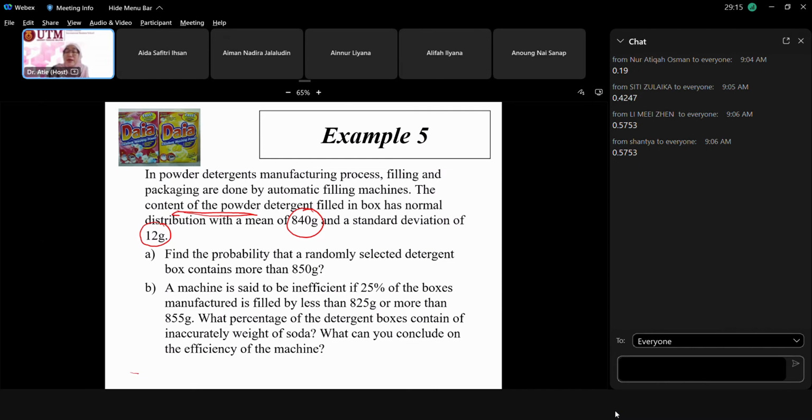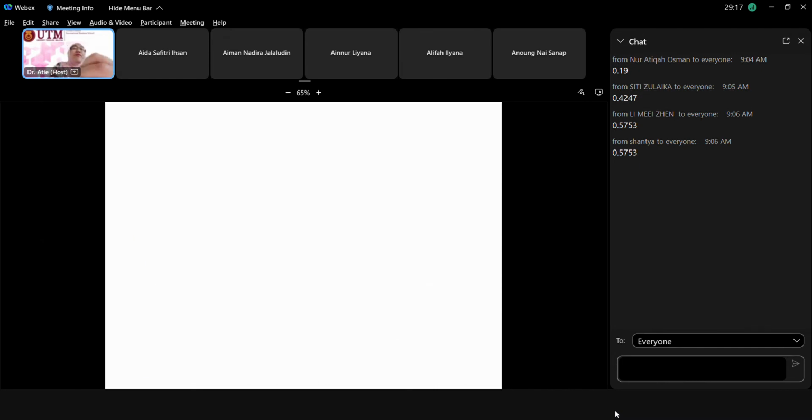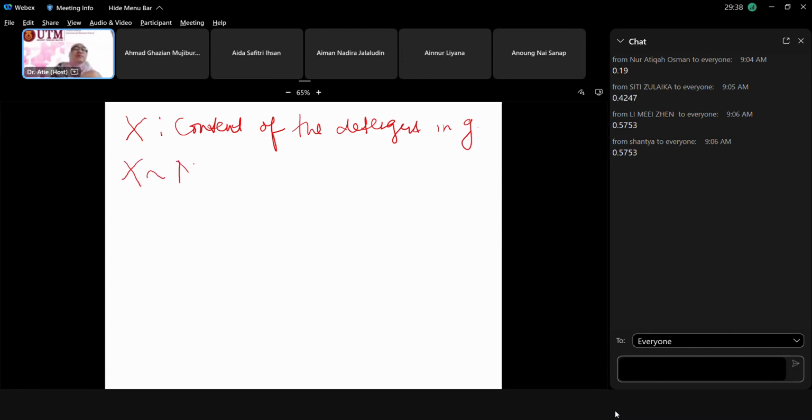First we need to define the story we are looking for. X is the content of the detergent, in gram. Next, we need to write the distribution. X is distributed with a normal distribution, with mean and standard deviation squared.